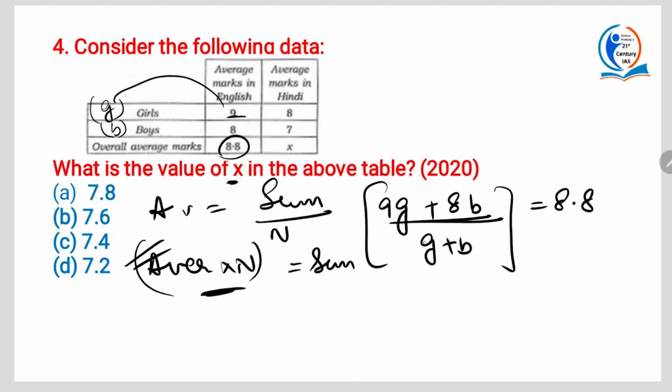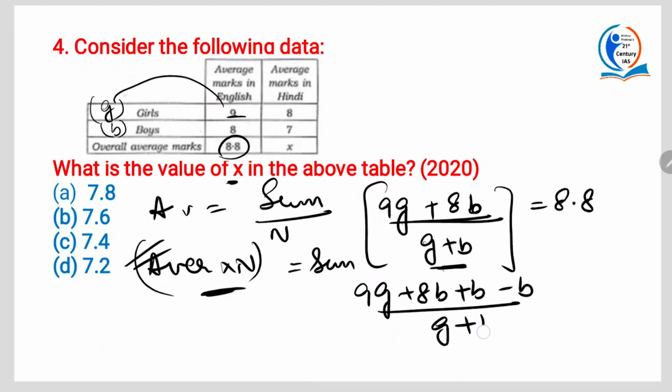See, this G plus B is in the denominator, but you cannot take 9 common here because there is 1B less. So what will you do? You will add 1B and subtract 1B. That means (9G plus 8B plus B minus B) by (G plus B) is equal to 8.8.